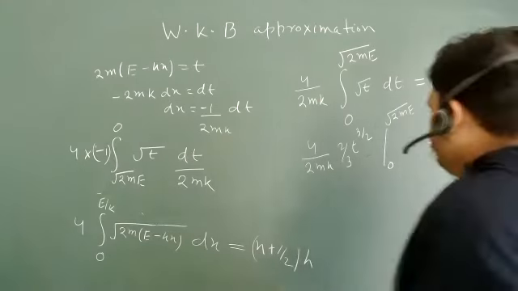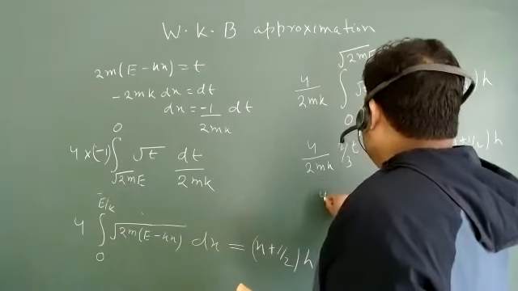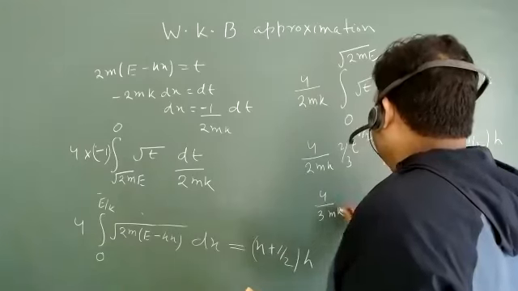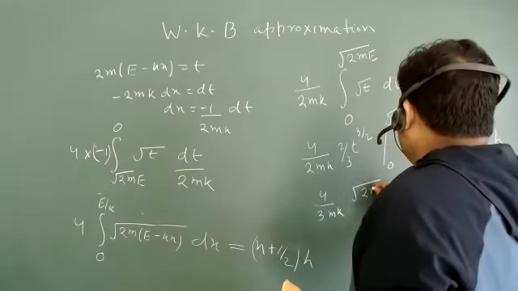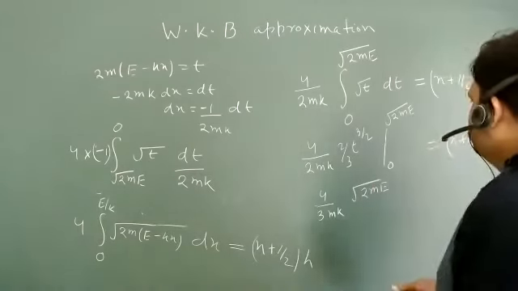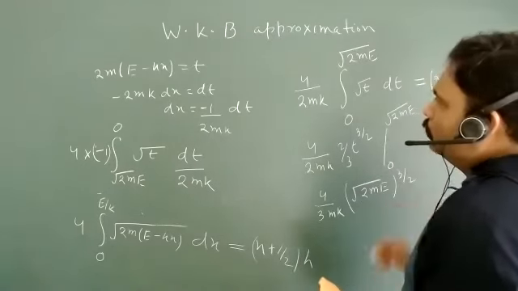Okay. Now I have this 2 and 2 will cancel. 4 upon 3mk and 2mE to the power 3 by 2.